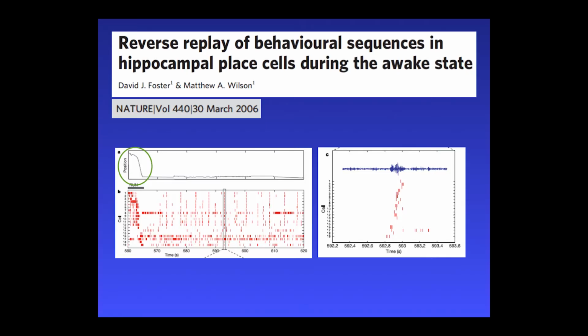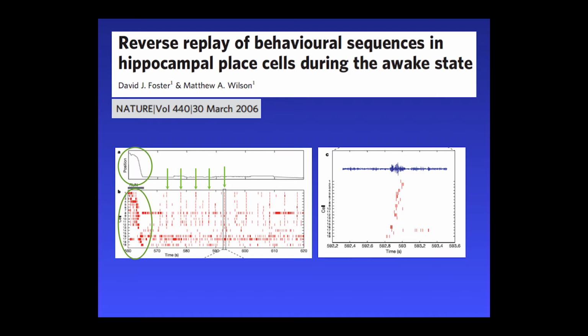Now what's interesting is not necessarily when the mouse goes through the maze, but what happens after, when it's just sitting there not doing anything at all, okay? These little lines here are blown up over here.